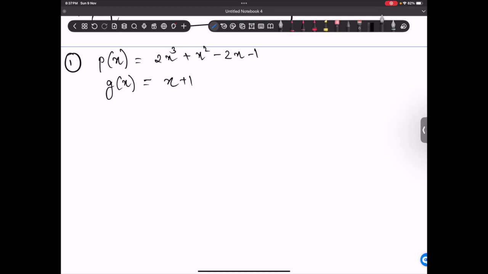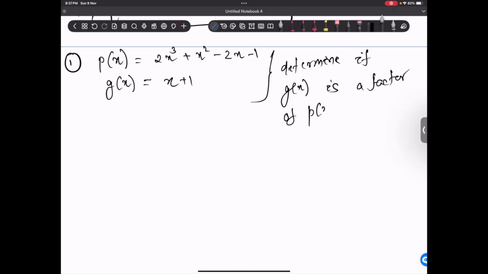Now it is asking to determine if g of x is a factor of p of x.